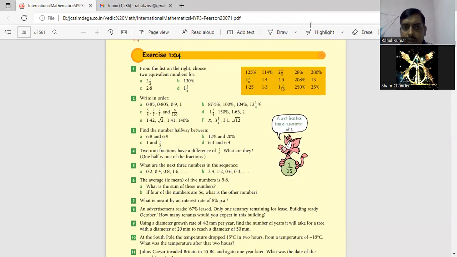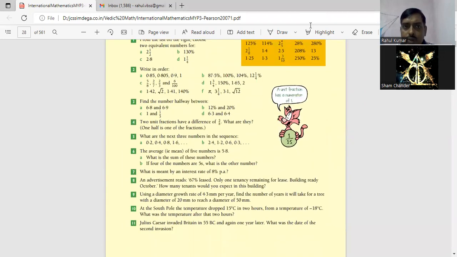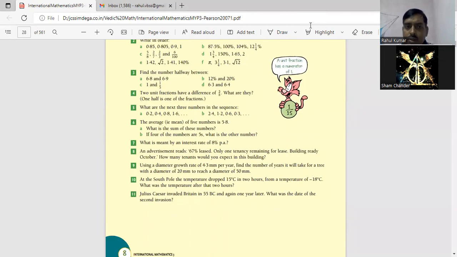Just solve this question. Question number 4, solve this one. So I should solve question number 4 in 1.04, and before that, I should have solved all other questions. Yes.